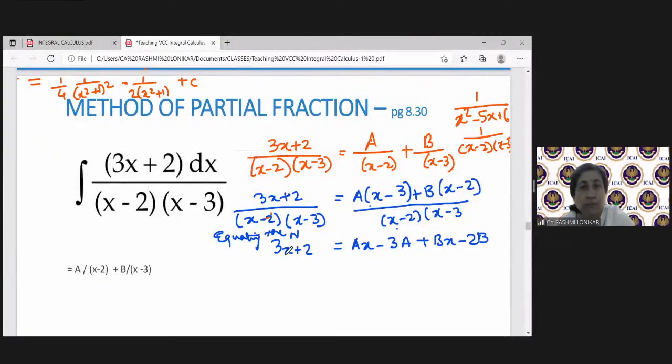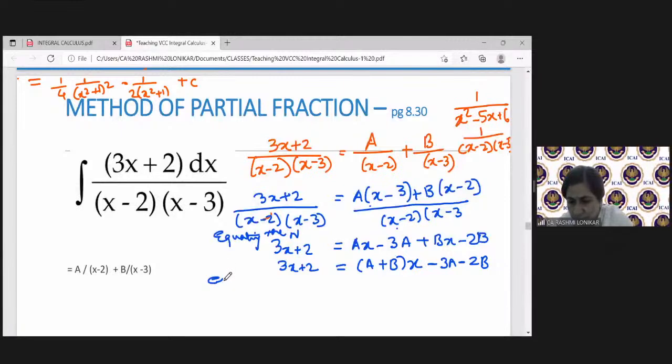Here I have a term in x and I have a number. So let me rearrange. I take all the terms which contain x together and all the numbers together. So this is equal to (A + B)x - 3A - 2B. So 3x + 2 = (A + B)x - 3A - 2B.